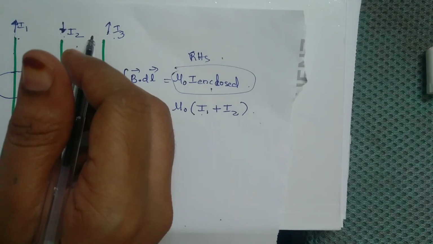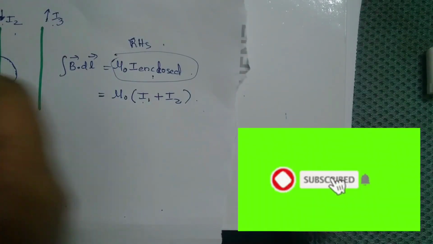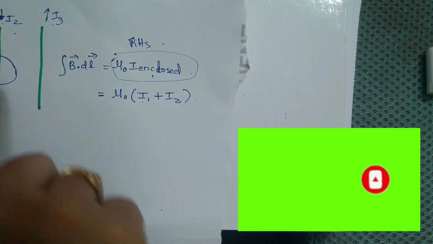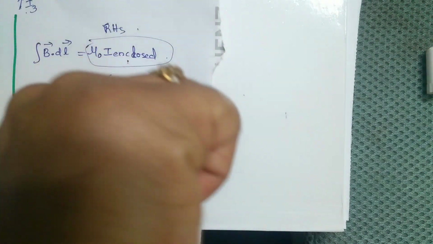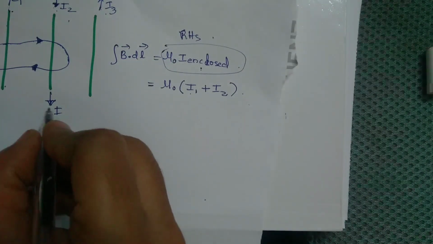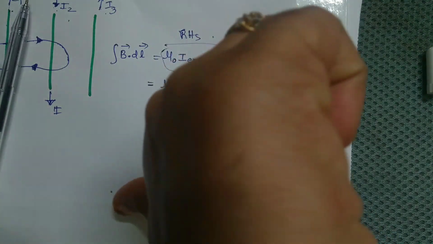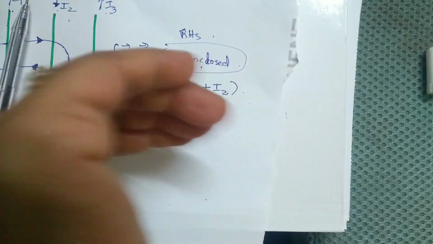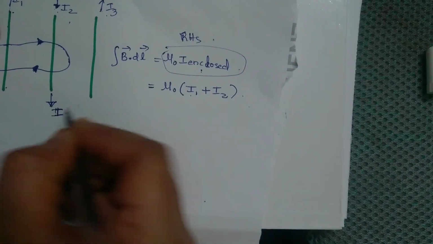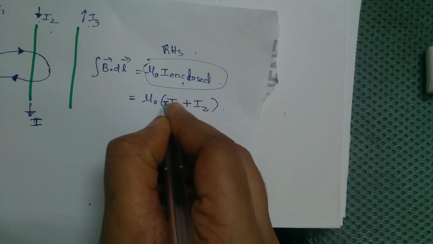You curl the fingers of your right hand in the direction of the loop, like this. When you curl your fingers like this, your thumb points downward. So this is the direction of current. Therefore, I2 is positive and I1 is negative.